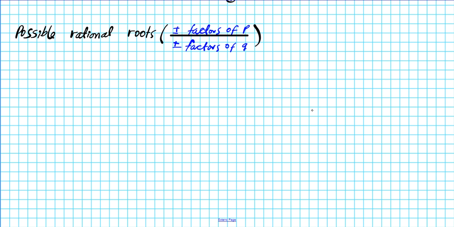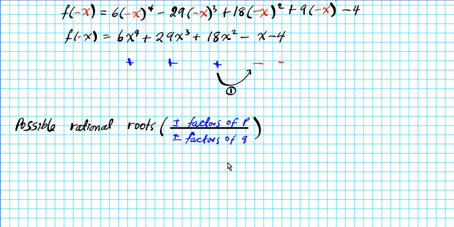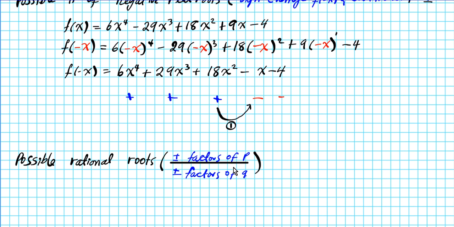Okay, so let's go ahead and rewrite the polynomial function again. So the polynomial function is f of x equals 6x to the fourth minus 29x to the third plus 18x squared plus 9x minus 4.